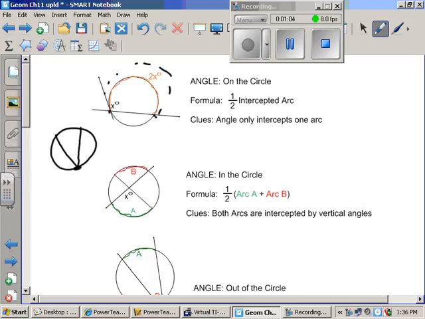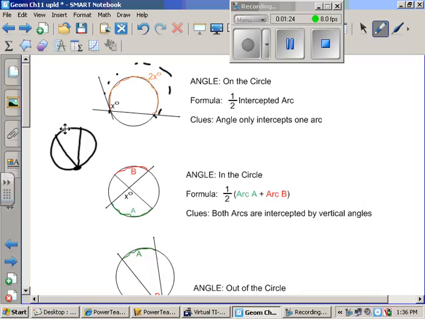If the angle is in the circle, so here we've got an angle that's in the circle, we can do these two angles, or you can do the other two angles, but it depends on what you're given. You have to wait and see.